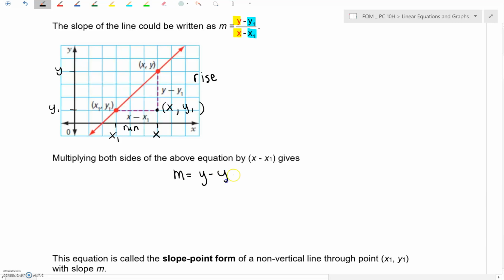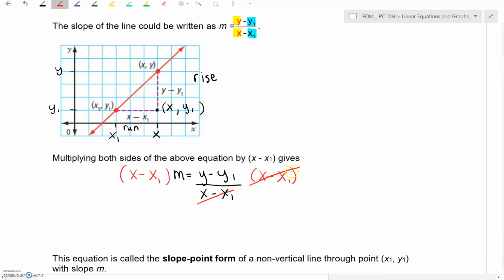And we are going to manipulate it algebraically to arrive at the formula that we want. Okay, so how are we going to do that? Well, we're going to multiply both sides of our equation by x minus x sub 1. And why are we doing that? Well, because we want to eliminate our fraction, right? We want to get rid of our denominator here so we can reduce.